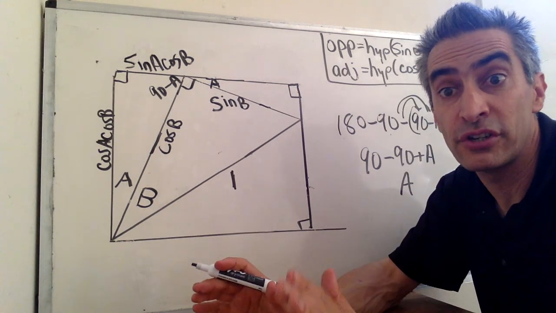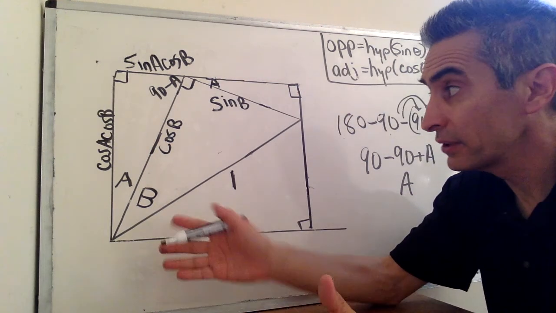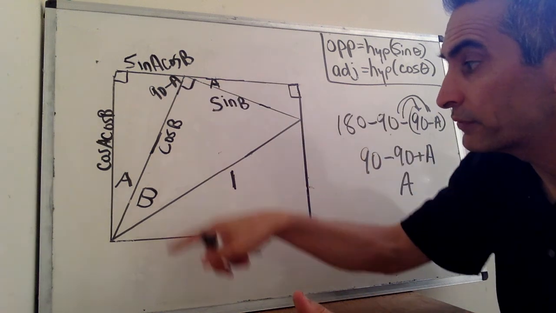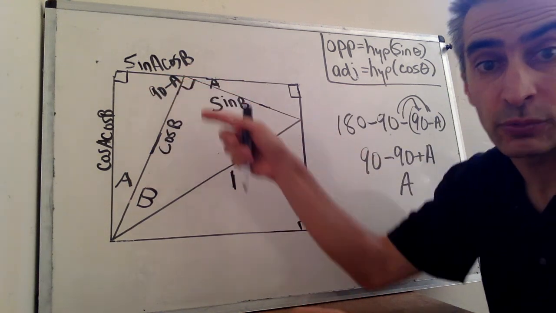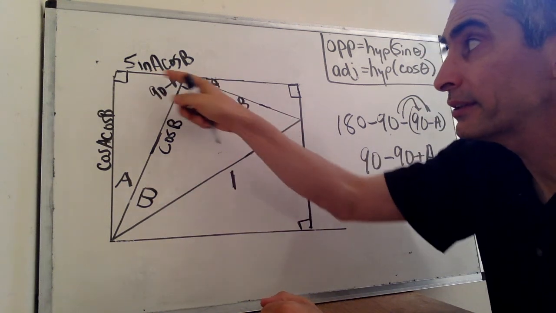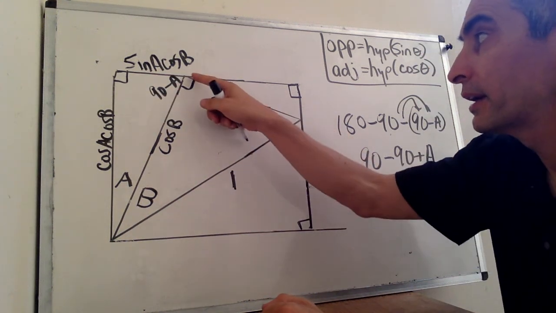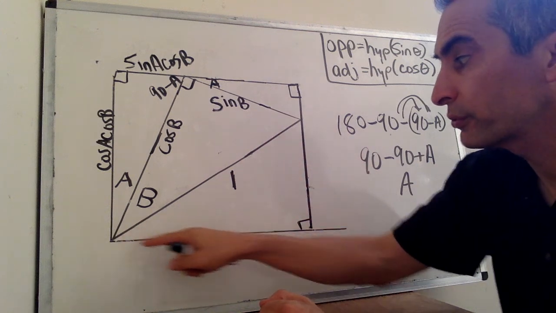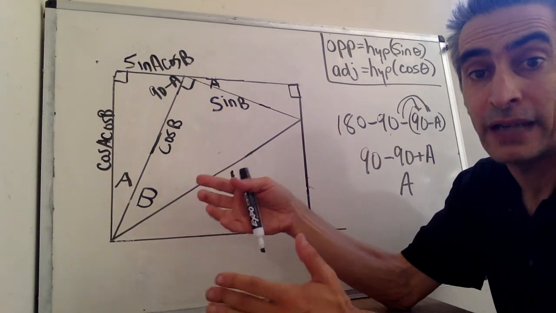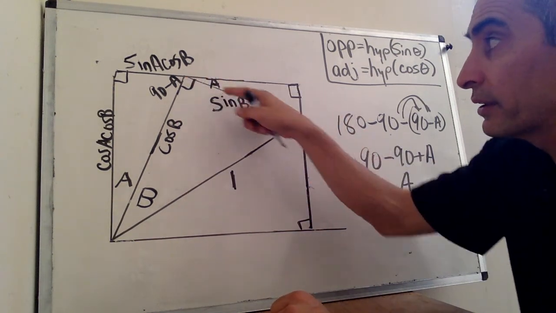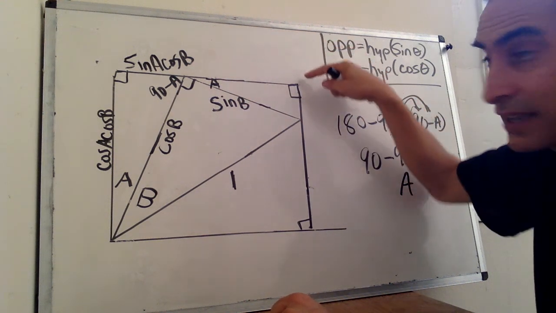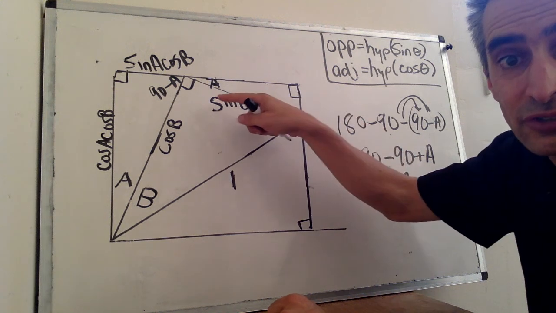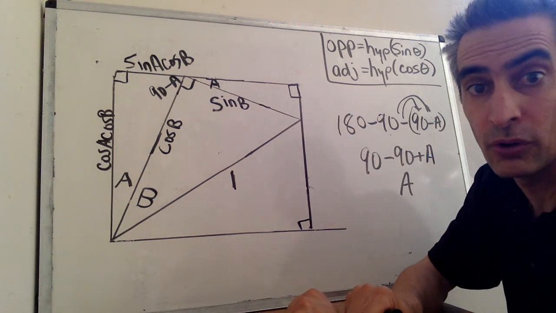Okay, it's interesting to note here before we go on that if you look at this rectangle, we've got four right triangles within it. We've got one right triangle here, another one right here, a third one right here, and a fourth one right here. Right now we're working on this third one with angle A, and we're going to define this adjacent side and this opposite side in terms of angle A. So we're going to start here.